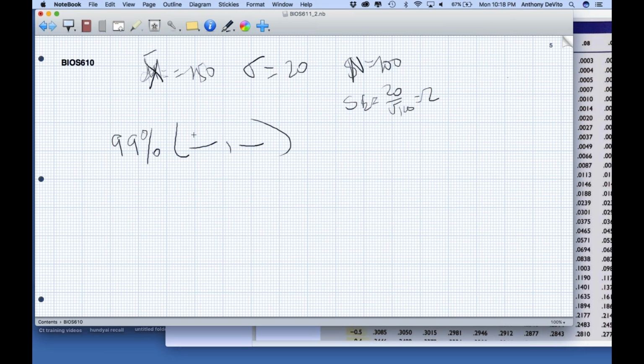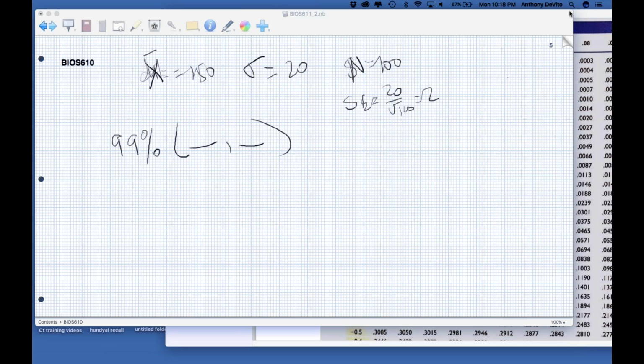Are these two numbers going to be wider or narrower? What do you guys think? Wider or narrower?